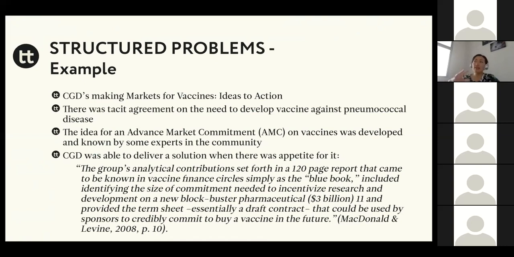So as you can see, when CGD came into this problem, they brought very concrete ways of using this opportunity, that the problem was already pretty structured among the community they were working with, to push forward a solution based on specific ideas that they already had.